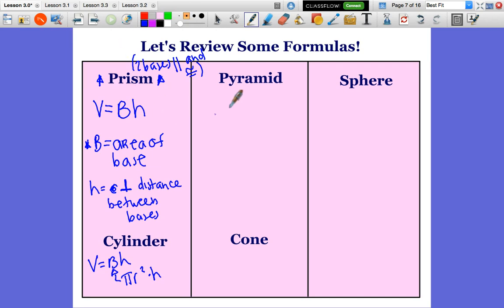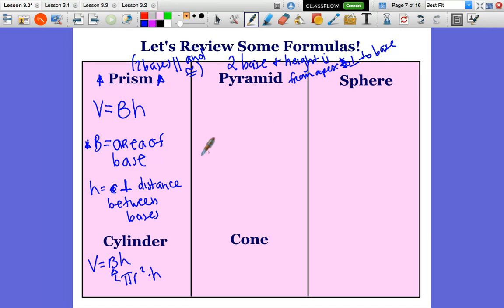For a pyramid, it has one base, and the height is from the apex perpendicular to the base.